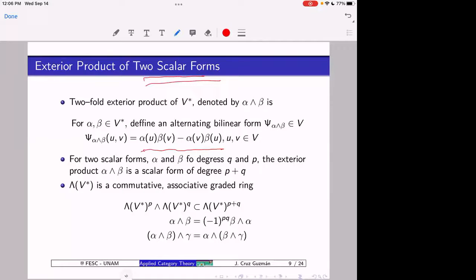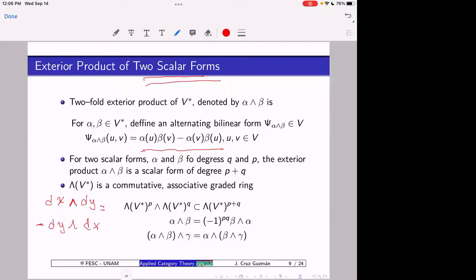Because if we go to an example of the Grassmann product of two forms, and I interchange the product, then necessarily we need this sign.